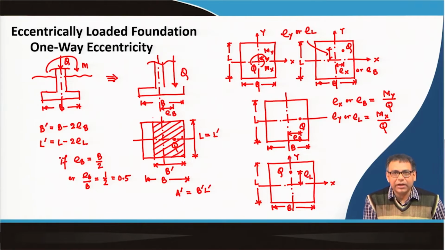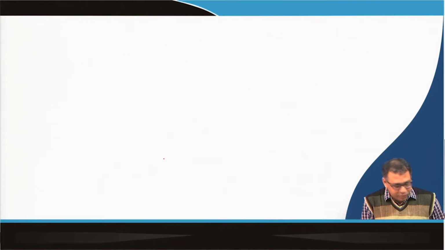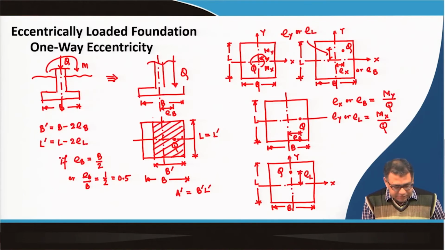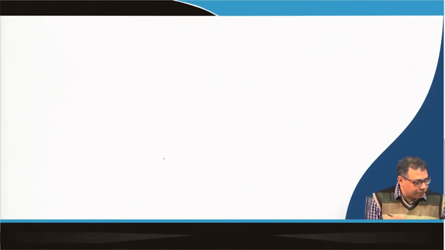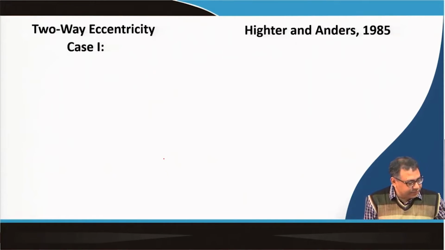So, theoretically I can write the maximum limit of E b or E L is half of the width or the length. Okay, theoretically I can write that. So, now here I have given four expressions.